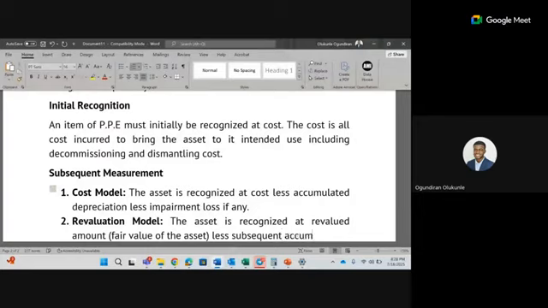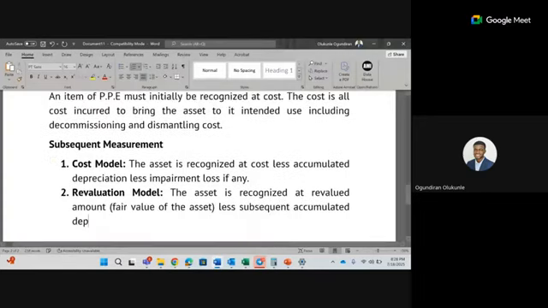Emphasis on the word subsequent: depreciation is not recognized backward, it's recognized forward for the revaluation model. Then less impairment loss, if any, and also subsequent impairment loss, not impairment loss that was earlier recognized.